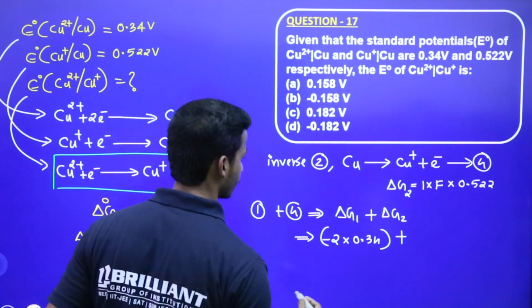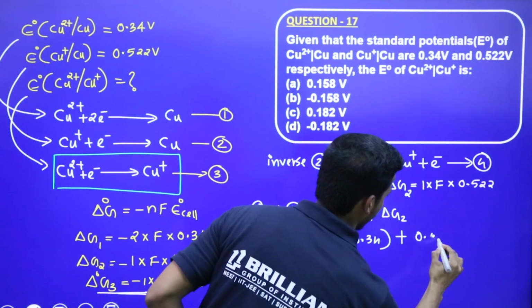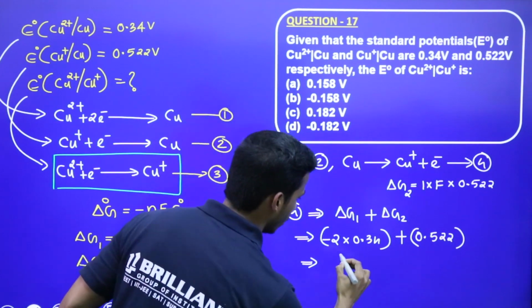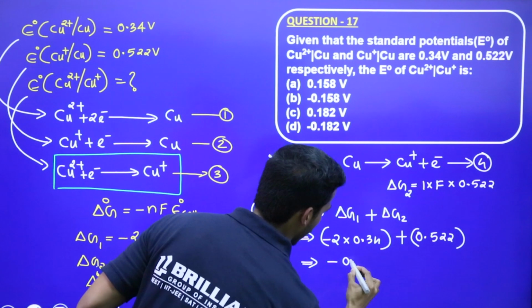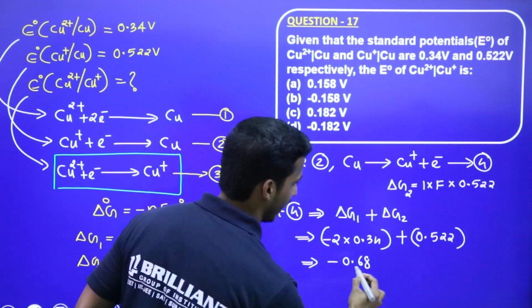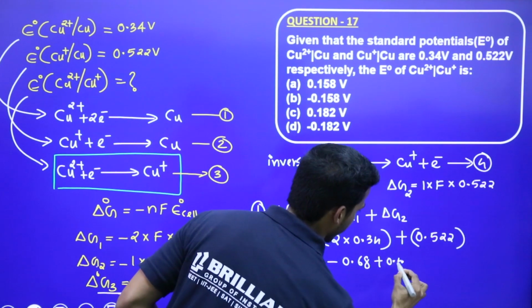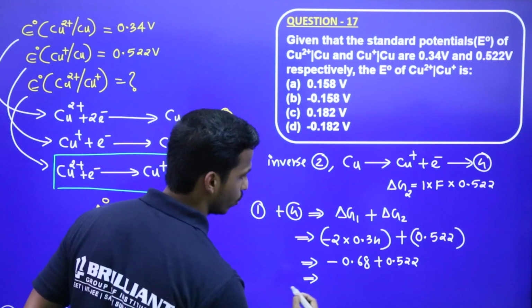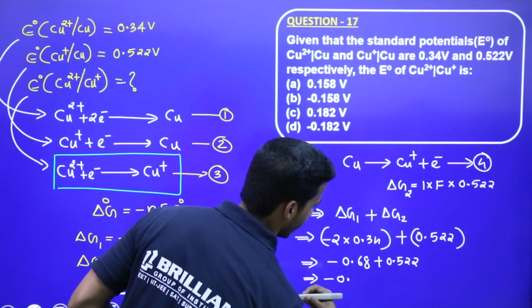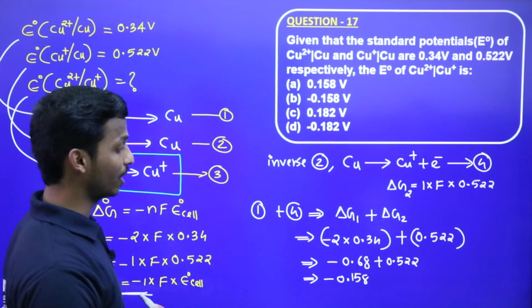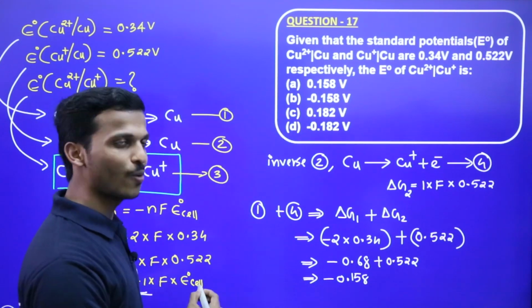So what is this value? Minus 0.68 plus 0.522, approximately equal to minus 0.158. But your answer is not minus 0.158.